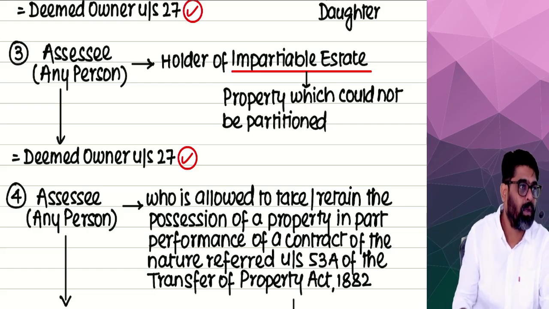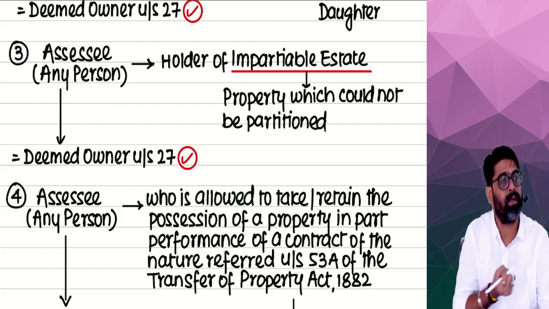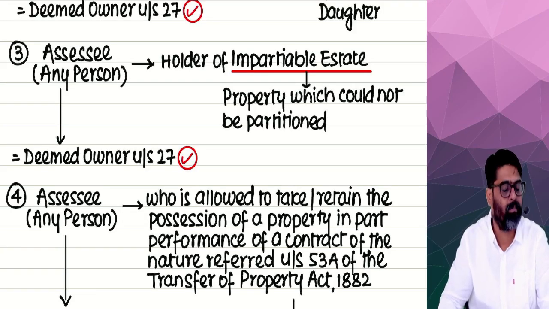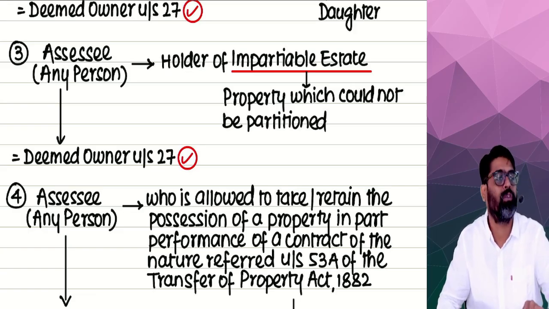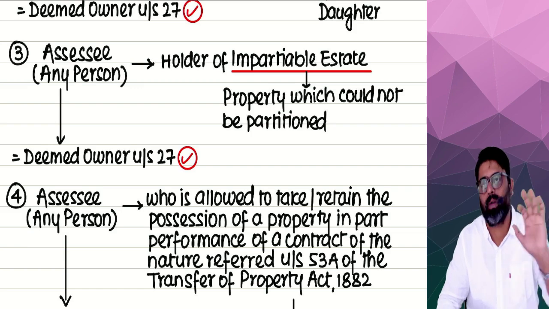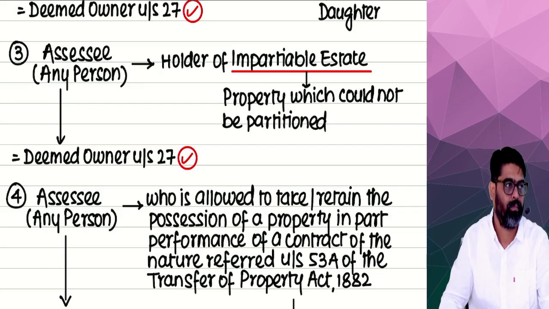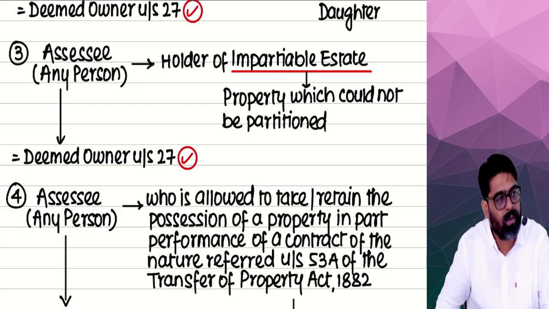No. Will he become the owner? No. He just holds the property on behalf of the entire family and takes the decisions regarding that property. He holds the property. He has control over that property. That's it. But he is not the owner. Getting my point? So, what if such a type of property is given on rent?